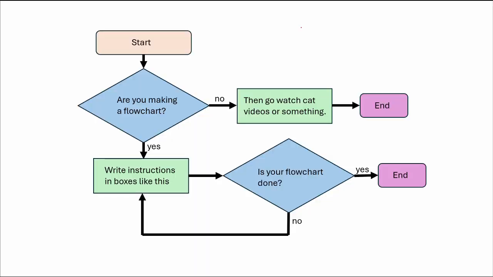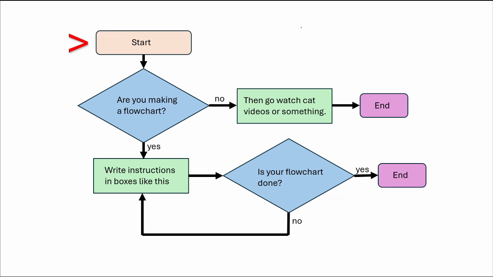First off, let me introduce you to the parts of a flowchart. When you're making a flowchart, you're going to put everything in little boxes. And you'll notice that some of these boxes have different shapes, and the different shapes have a meaning to them. The start and the end of a flowchart usually use a circle, oval, or you could think of it as a rectangle, but instead of sharp corners, it has rounded corners, right?